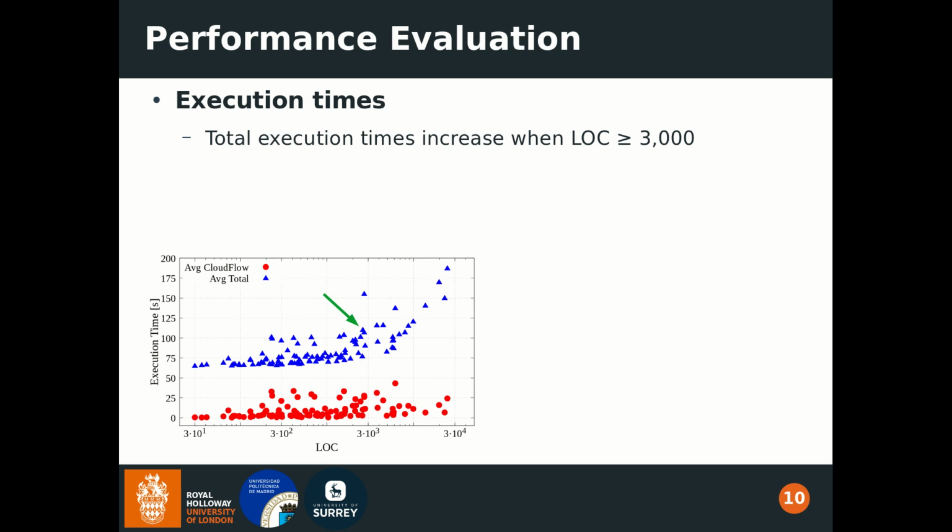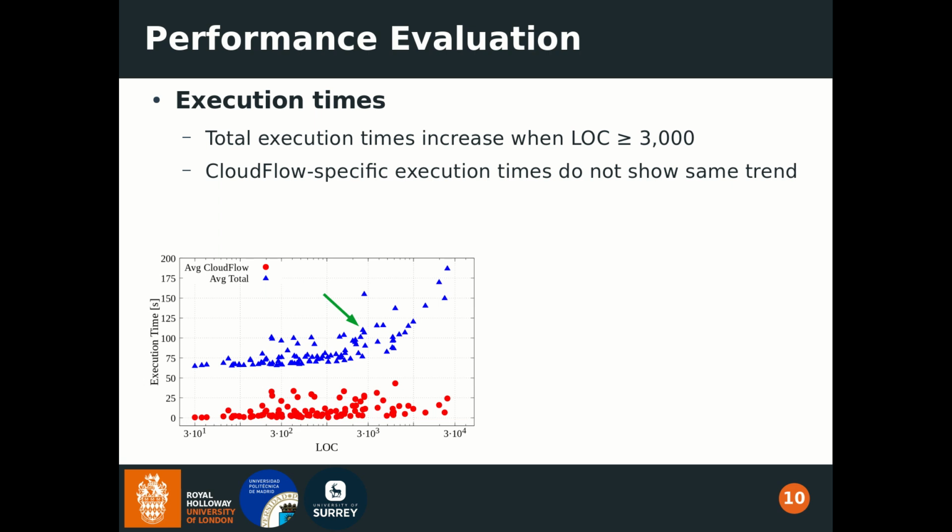The CloudFlow specific execution times don't show the same trend though.